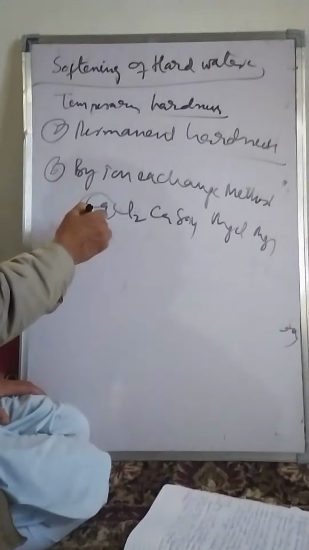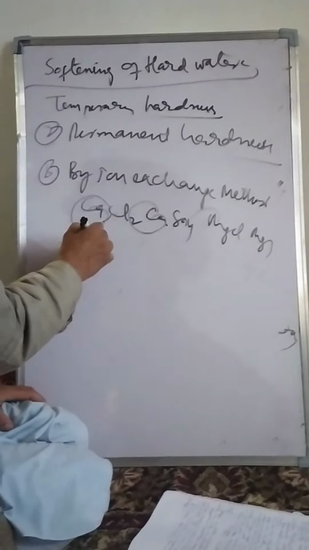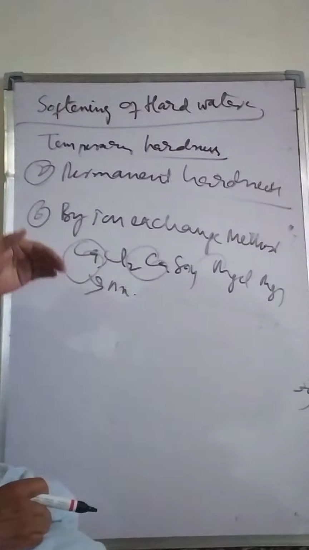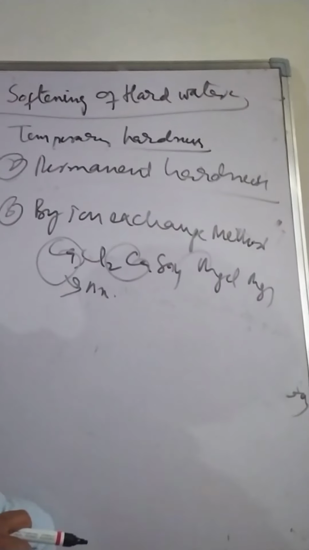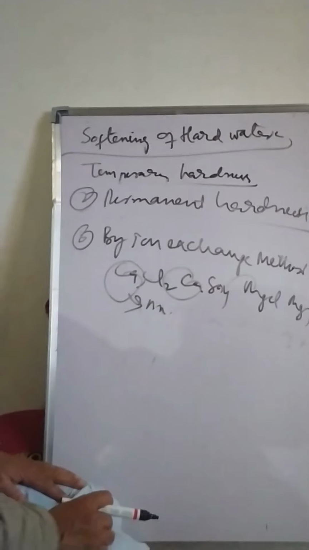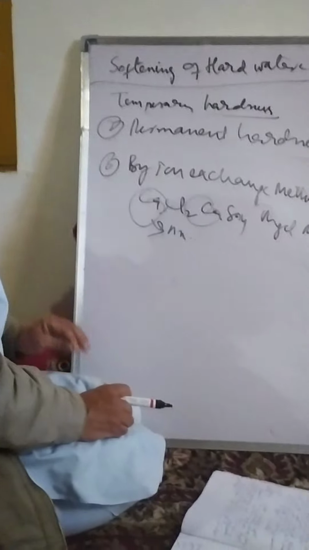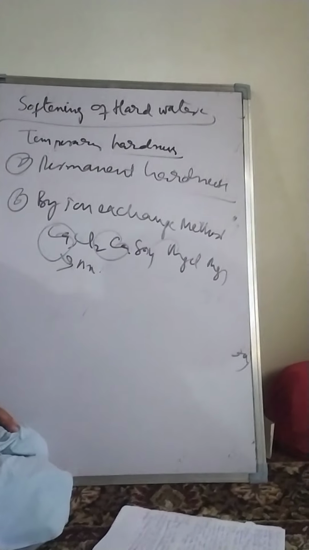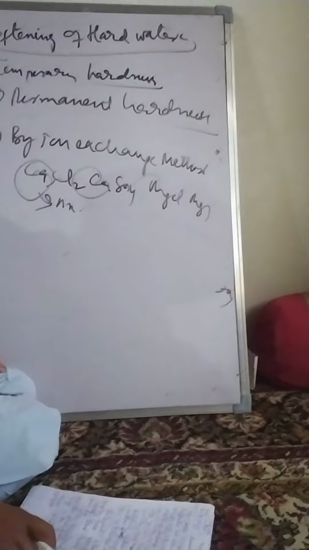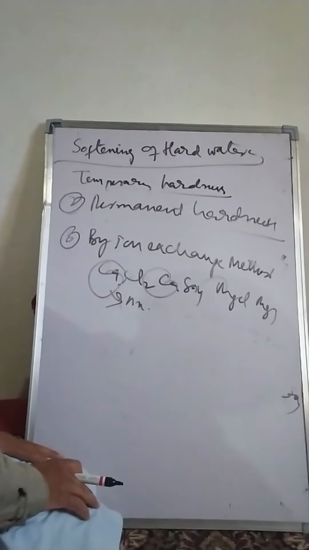The calcium and magnesium are replaced by sodium. When it is replaced, it becomes a less damaging salt, which does not interfere with the washing or with producing lather with soap.